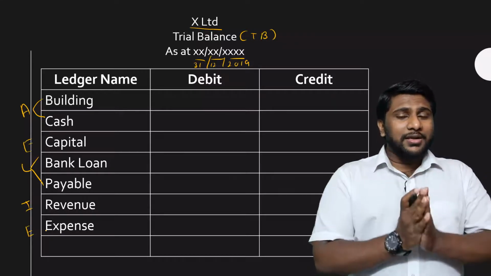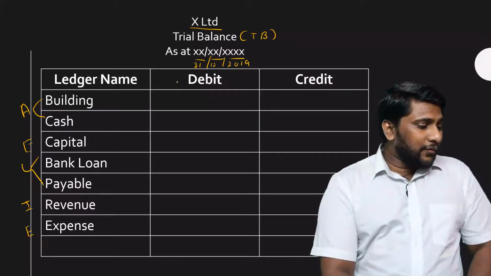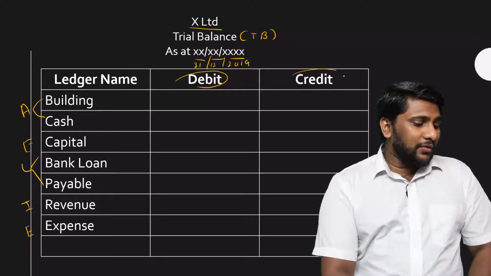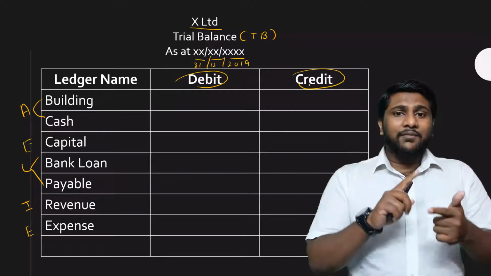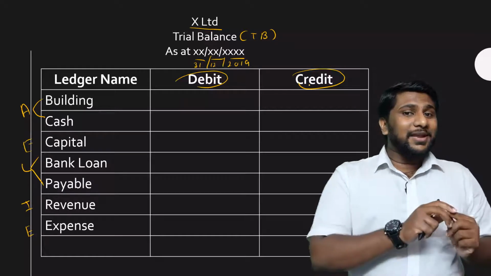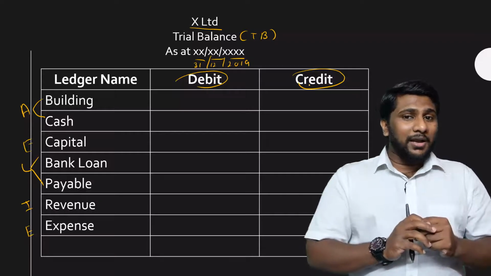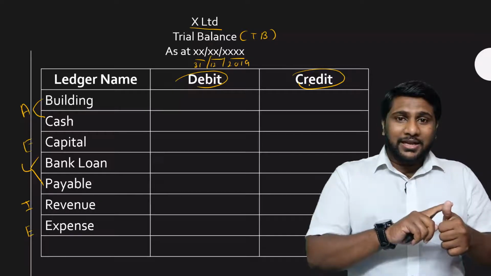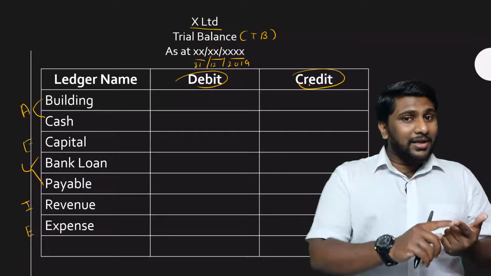What you have to understand is that in a trial balance, you will have one side for debit and another side for credit. Whatever the asset balances and expense balances are will be recorded on the debit side. This is like your double entry. Can you all remember, in double entry, whatever assets increase and whatever expenses increase, we record on the debit side?